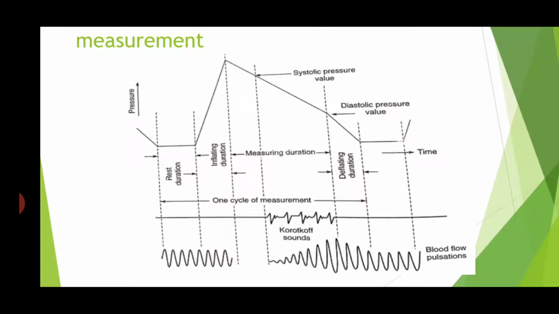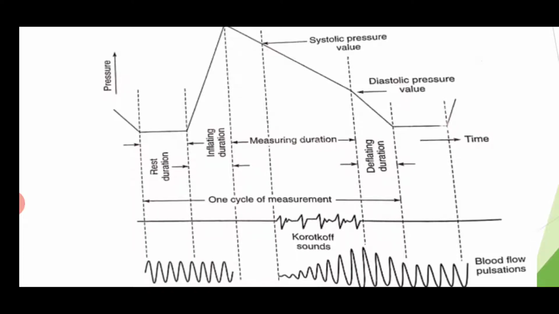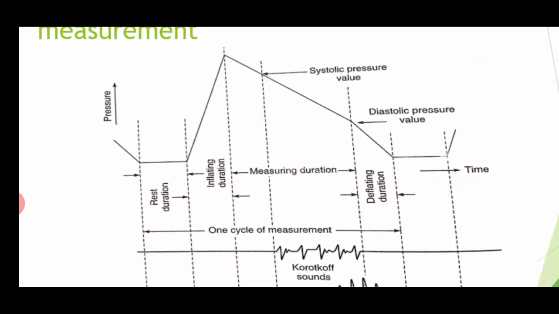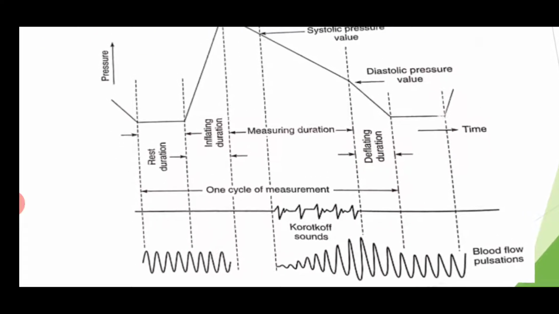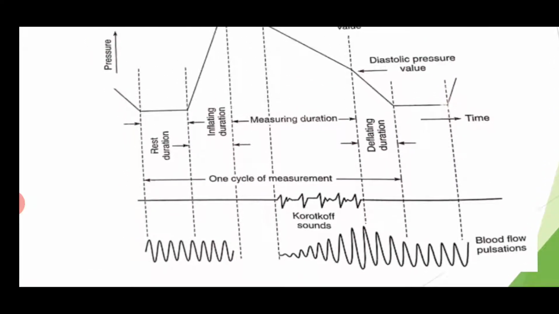Then the cuff pressure is slowly released using the valve, and whenever the cuff pressure is below the systolic pressure, we get a little bit of blood flow. Before that systolic pressure we get no sound, and there is no flow of blood. See here.